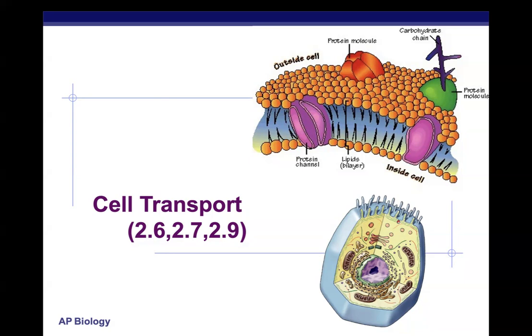Because we're going to talk about how substances get into and out of cells. And substances getting into and out of cells is absolutely crucial in maintaining homeostasis. So we really need to know this information forward and backward.